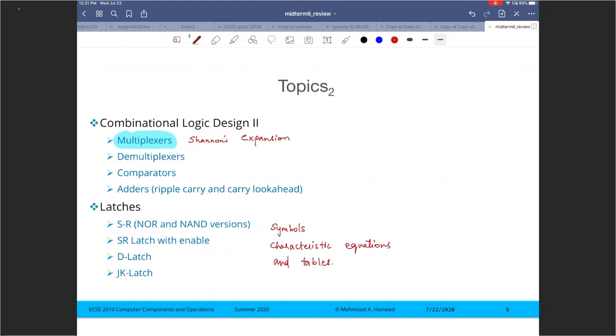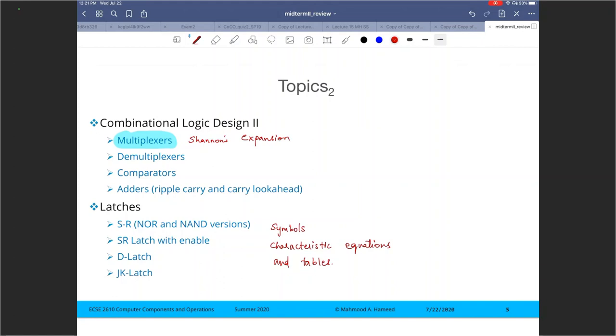There might be a temptation to memorize these characteristic equations and tables, but I want you to try to use the name of the latch to help you figure out what that equation or the table is going to be. So set reset, right? I want the output to set, I want the output to reset, and I want to have the ability to store.